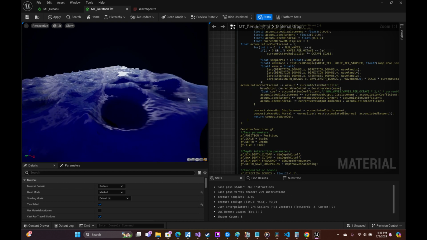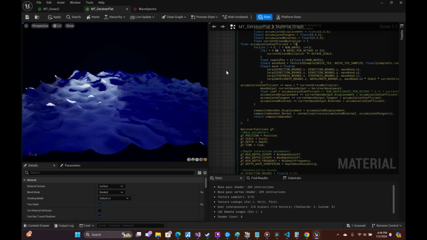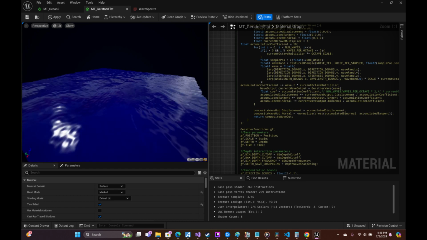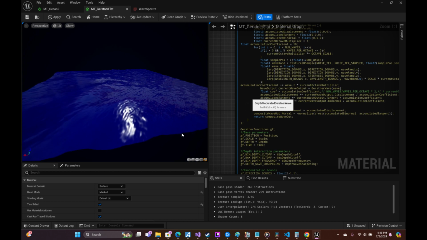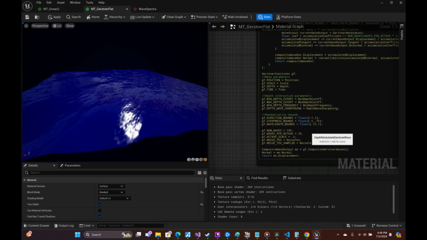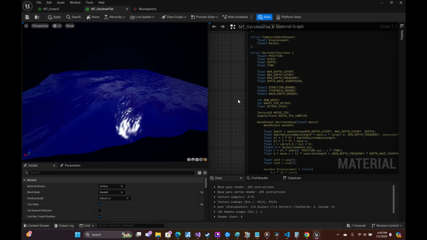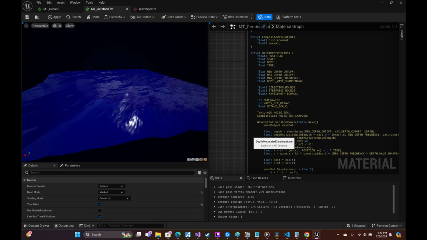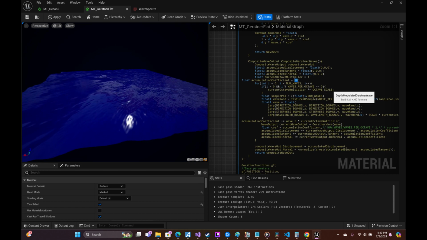Not sure why it needs to start at a higher value. Okay, so if I put this at a 10, what happens? So we create a value called flatten waves and assign it to accumulation coefficient here.